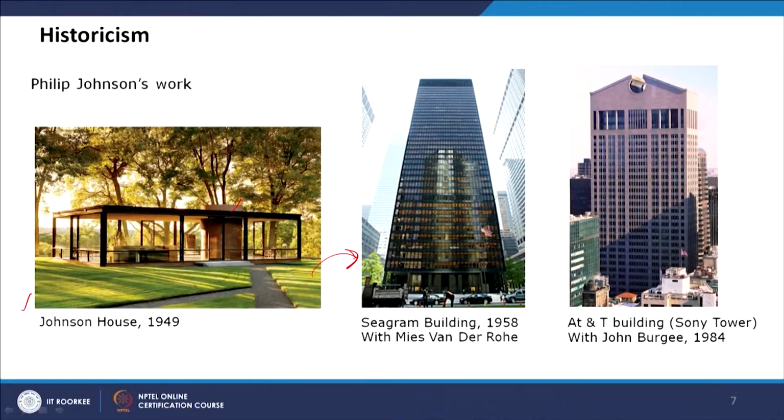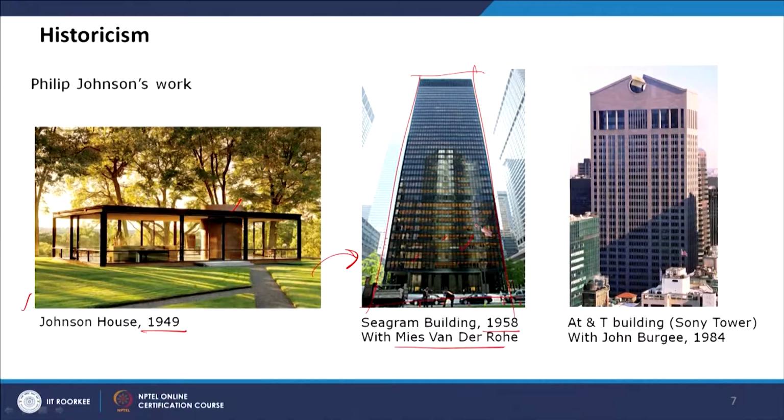Later he designed the Seagram Building. So this is 1949, this is 1958, almost 10 years, a decade later. And he collaborated with Mies van der Rohe, and designed the Seagram Building, which comes in the monolithic style, which you can say is a continuation of the internationalist movement.